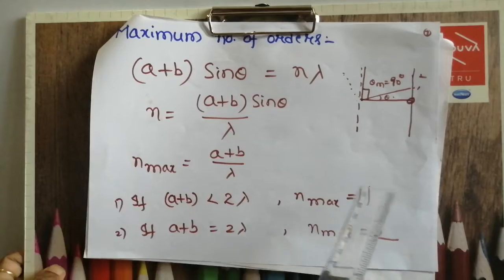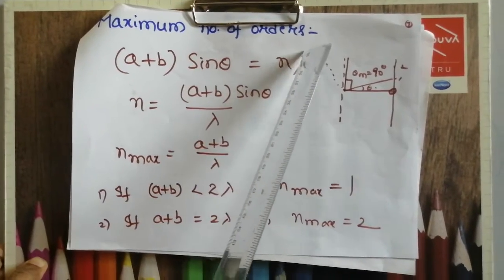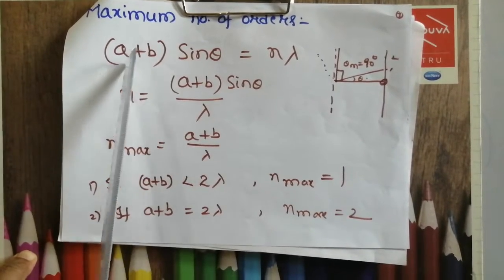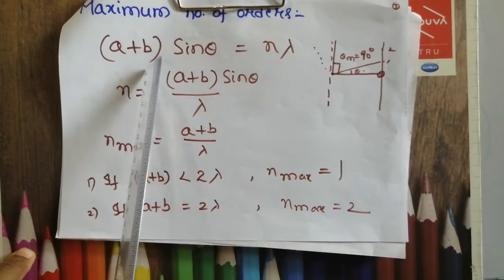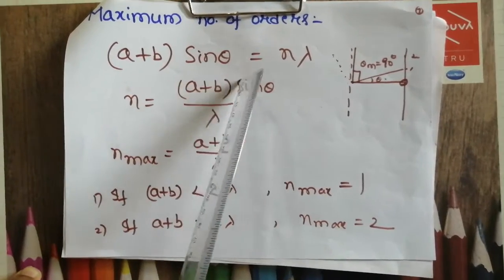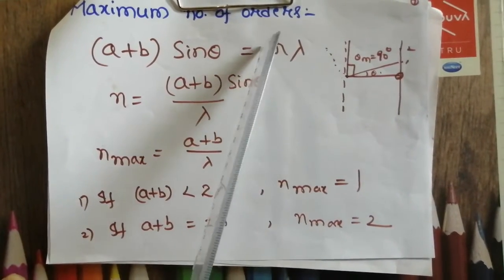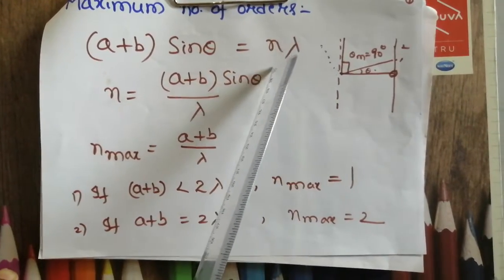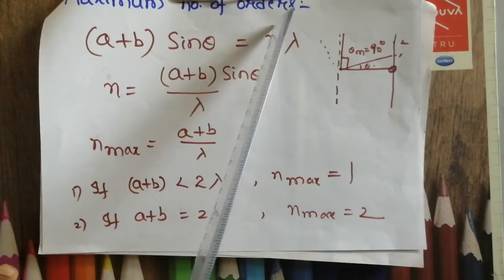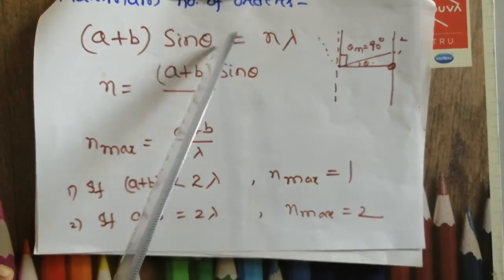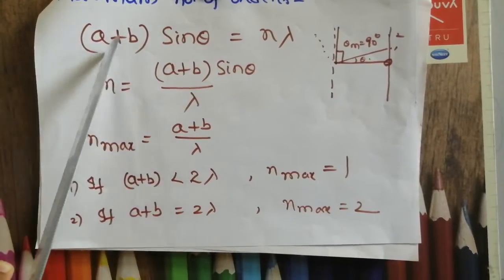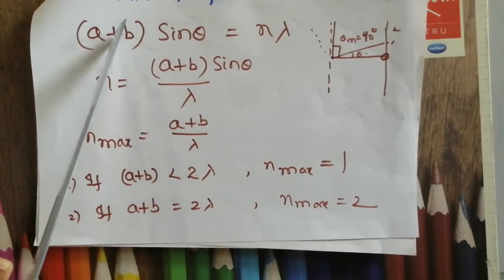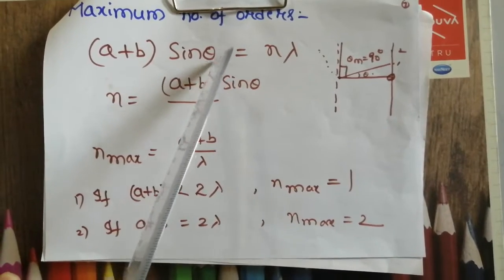To know the maximum number of orders in the distribution curve, first the direction for principal maxima is (a plus b) sin theta equal to n lambda. Here n is the order, and I want to know the value of n maximum. For a fixed grating, a plus b is constant, so theta is variable here.